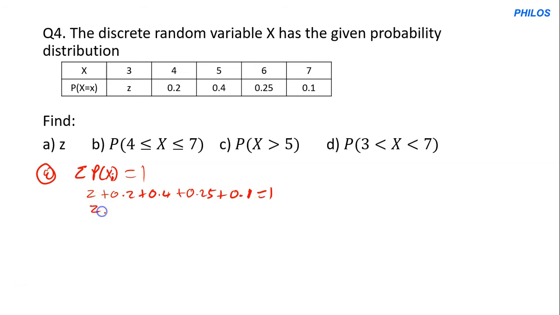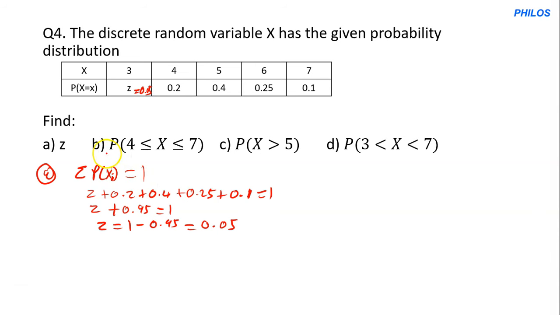So we will have z, 0.2 plus 0.4 is 0.6, plus 0.25 will be 0.85, plus 0.1 will be 0.95. So we have z plus 0.95 equals 1. So if we make z the subject, we will have 1 minus 0.95, which will give us 0.05. So the value of z is 0.05.